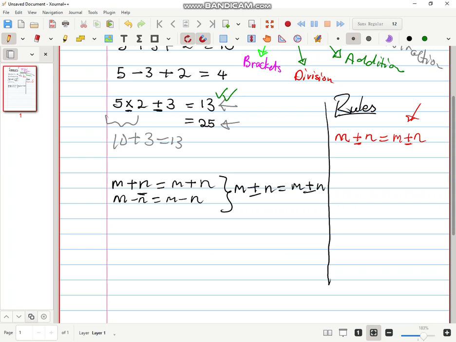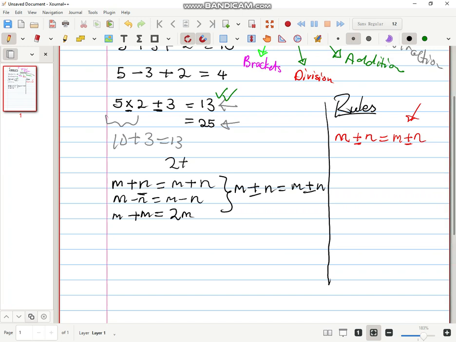Straightforward. When you have two variables, and it's addition or subtraction, you just add them or you subtract them, right? What about if we have m plus m? So m plus m is going to be the same as 2m, right?